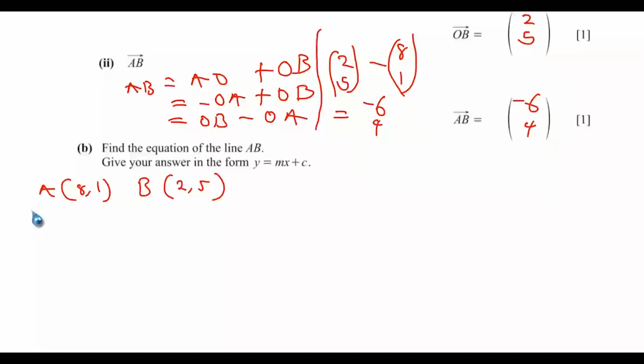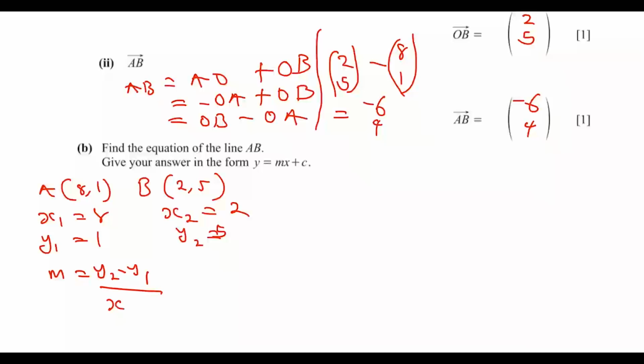So that means you can say x1 equals 8, y1 equals 1, then x2 equals 2 and y2 equals 5. So the gradient will be m, and it's y2 minus y1 over x2 minus x1.